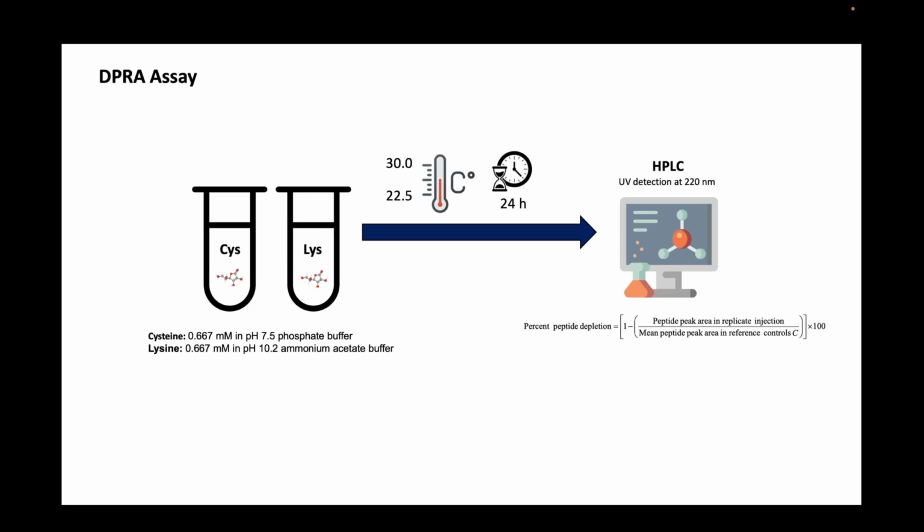And the outcome is your binding capacity of a compound, meaning how well your compound has bound to cysteine and lysine, meaning that if you have a 98% peptide depletion, then 98% of your compound has been bound to cysteine and lysine.